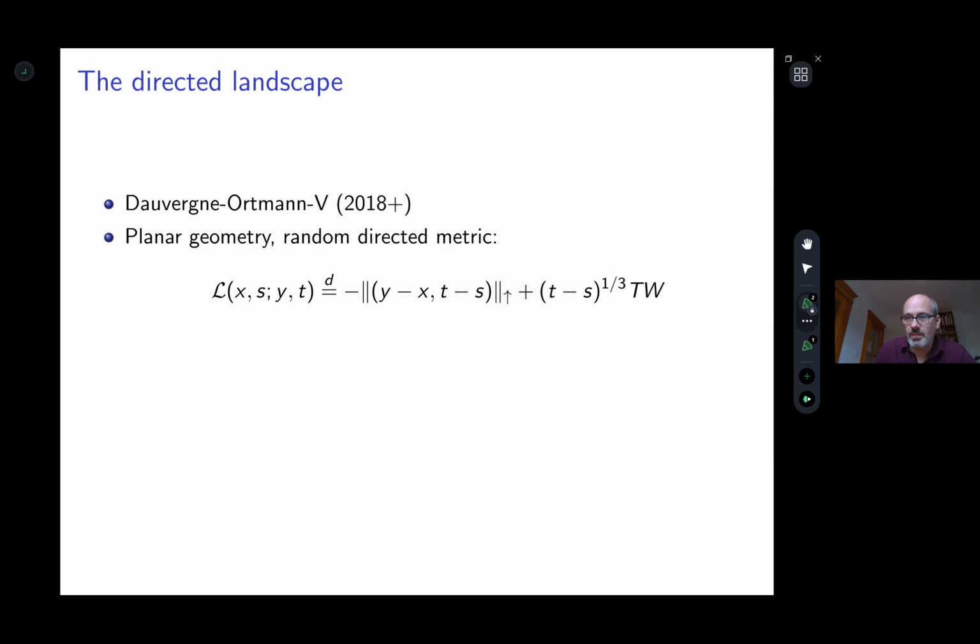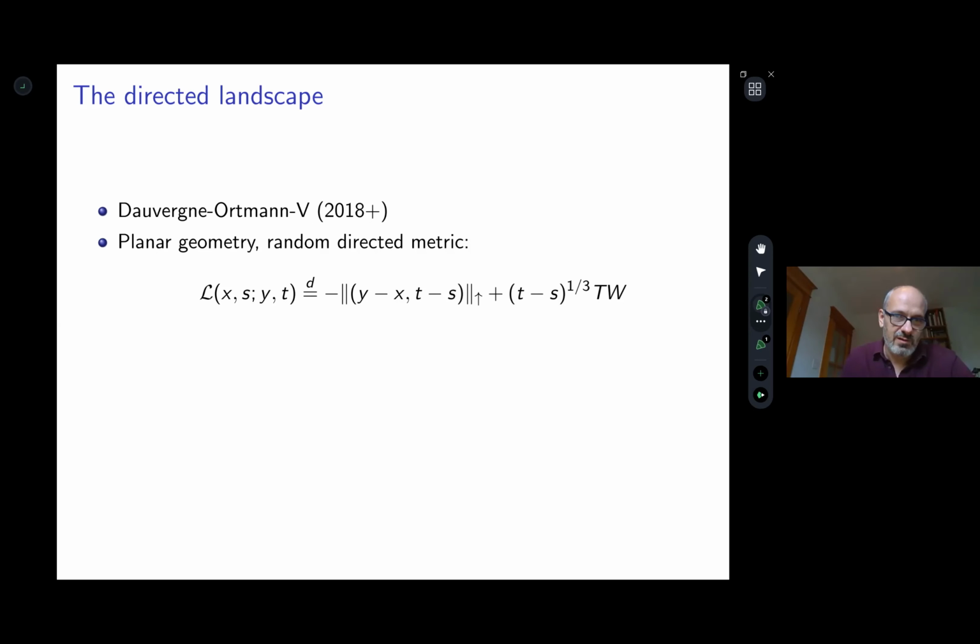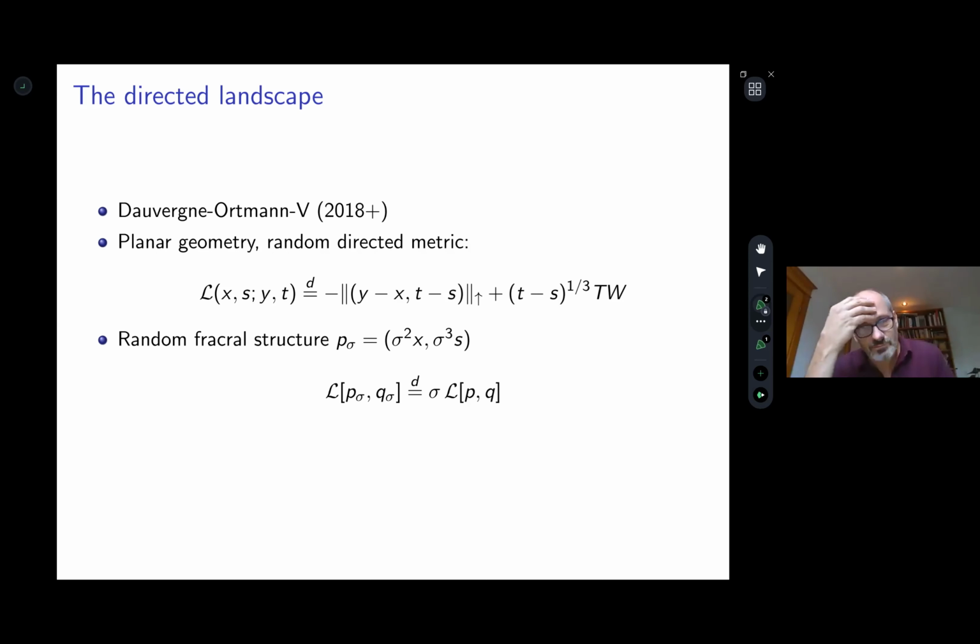It's continuous, very continuous. So completely continuous functions. There is no problem with defining it at all in that sense. It's not a distribution, it's actually a function satisfying the triangle inequality. And it has a random fractal structure, just like Brownian motion, except one that is related to the 1, 2, 3 scaling.